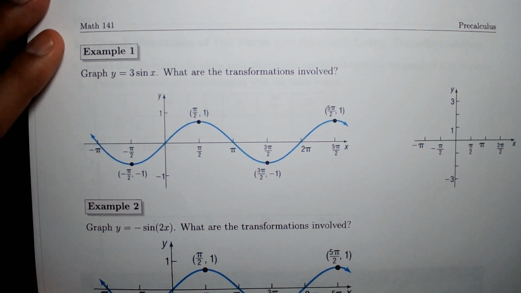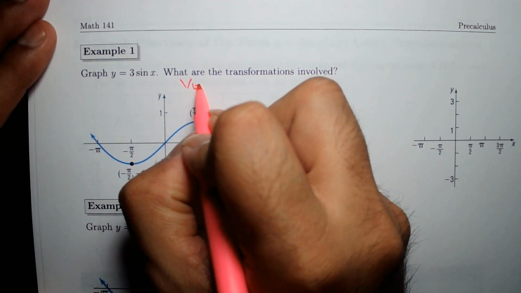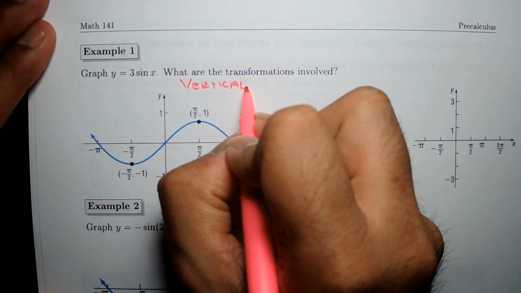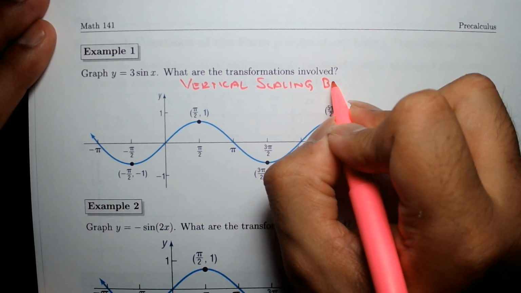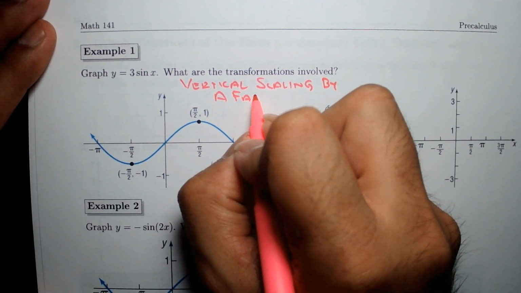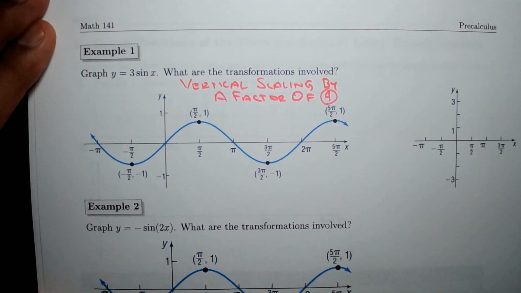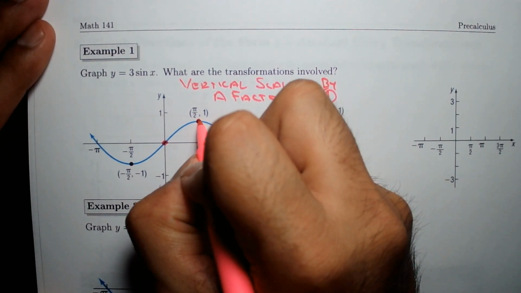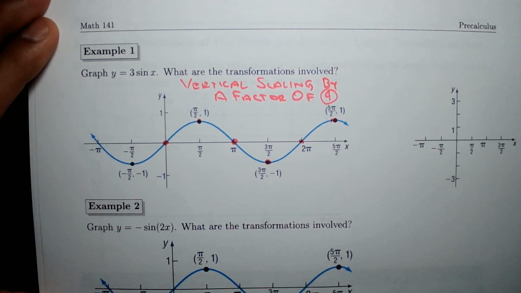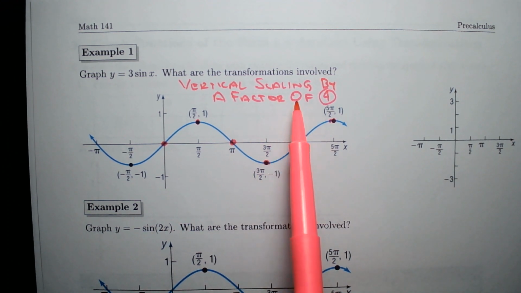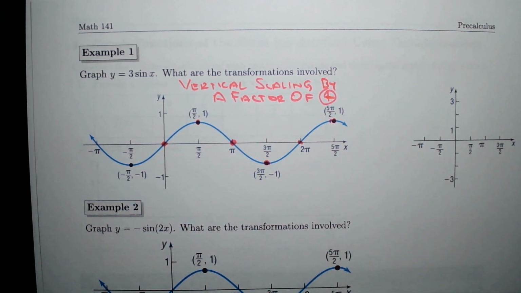What are the transformations involved? Well, the only transformation involved is a vertical scaling by a factor of 3. In other words, from the key points that we have here, focus only on the y values, where a vertical scaling by a factor of 3 implies multiplying all the y values by 3.